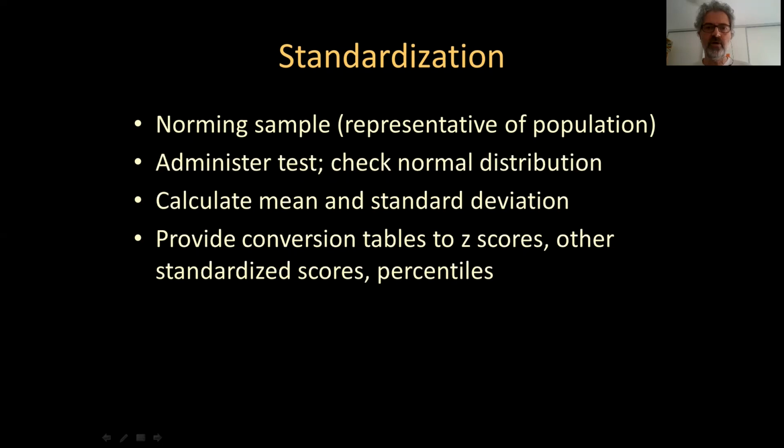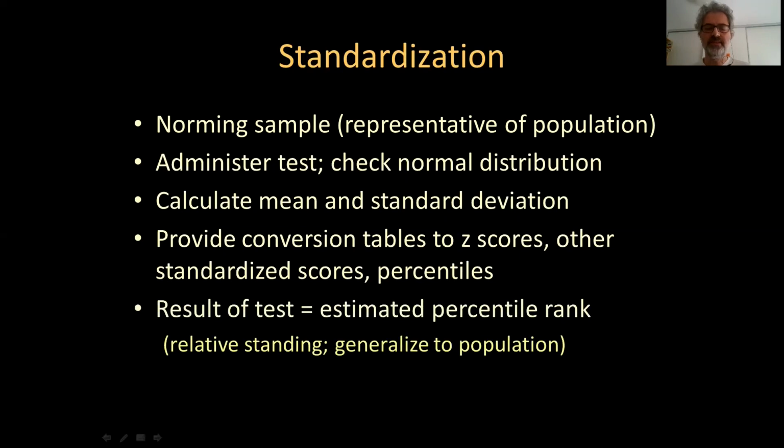So for each raw score, we can express the corresponding z-score or scaled score or percentile that it corresponds to. And these are the tables that you see accompany every assessment test, where you look up your raw score and derive a scaled score or a percentile or both.